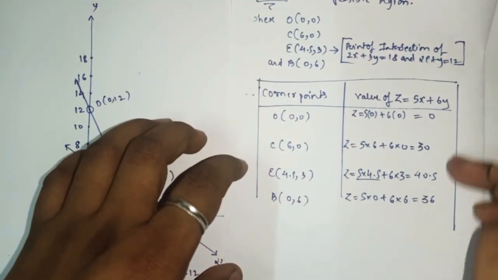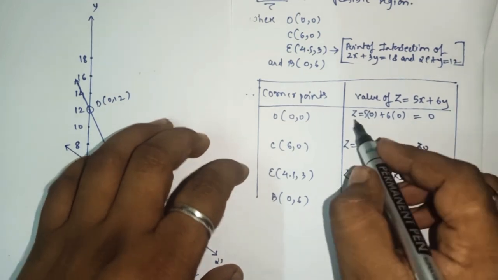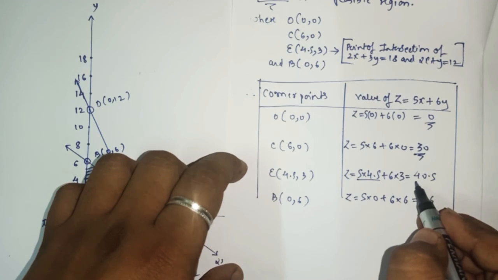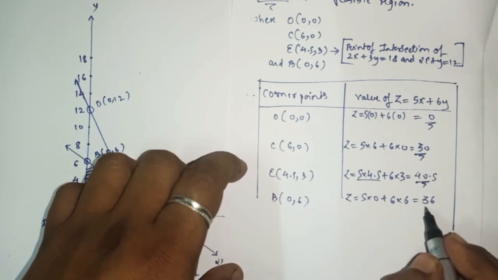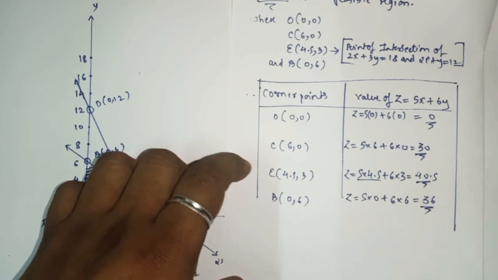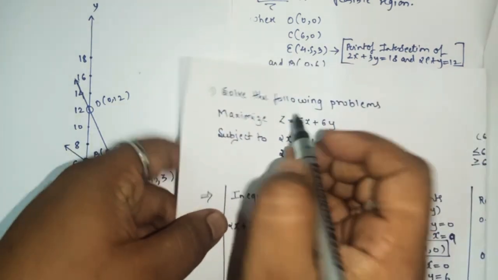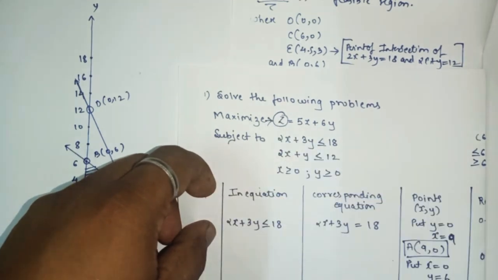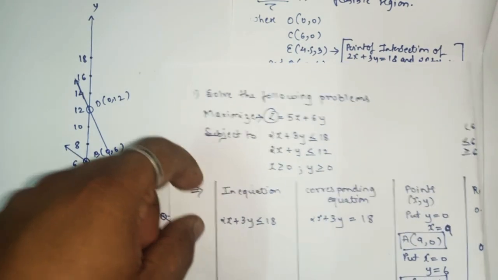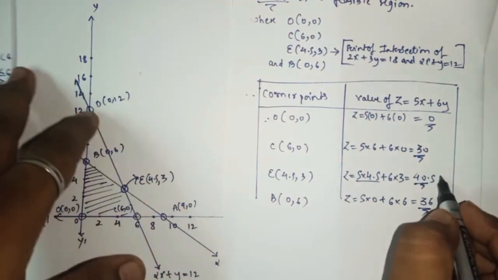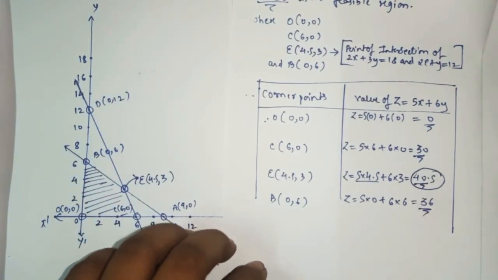So here we got the values of z. One is 0, the second is 30, the third is 40.5, and the last is 36. In the question it says we have to maximize z, that means find the maximum value. The bigger value is known as the maximum value. Clearly the bigger value is 40.5.